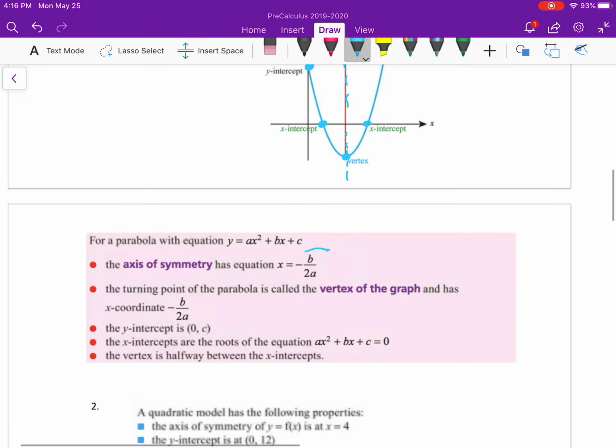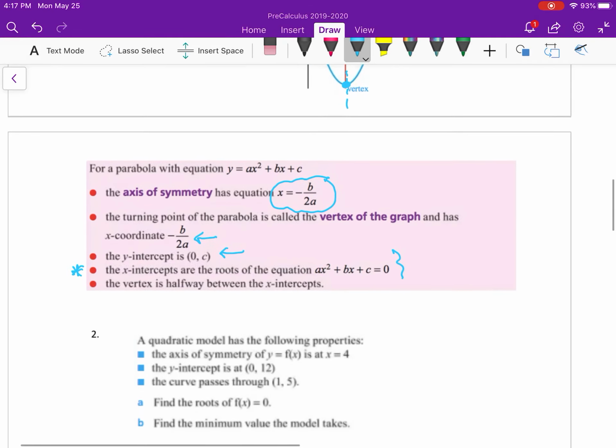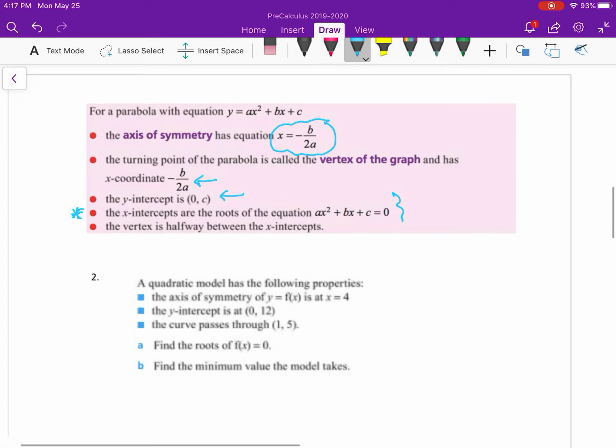The equation of the axis of symmetry is x equals -b over 2a. It is also the x value of the vertex. All right, as you can see that here. The y-intercept is the c value in this equation, and the x-intercept is the roots, meaning if you factored your quadratic equation, you would get your x-intercepts. And the vertex is halfway between the x-intercepts.